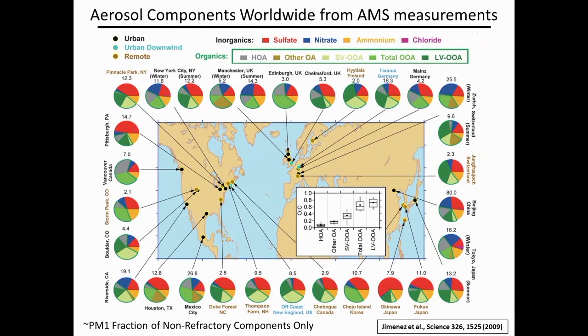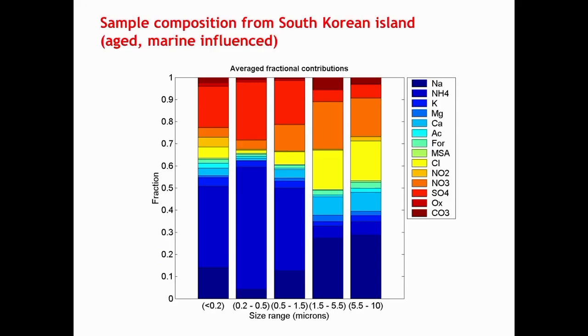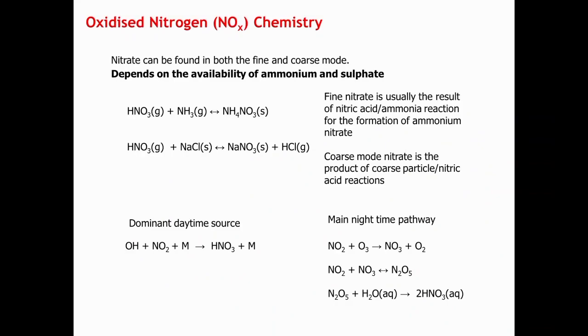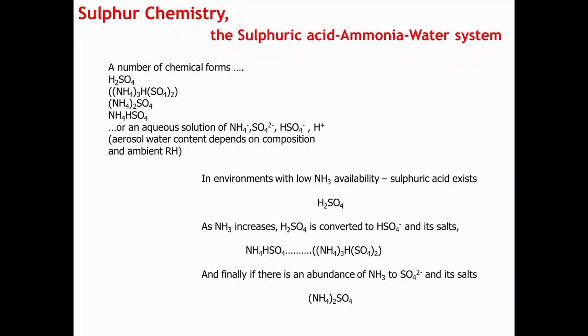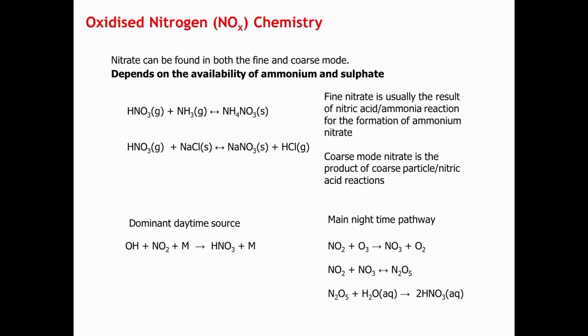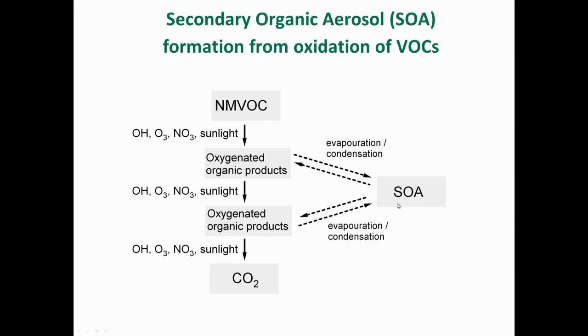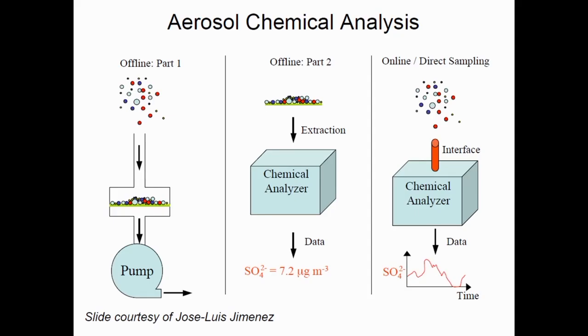But what we do know is that you can have secondary inorganic components, sulfur and nitrogen, which can form secondary salts, along with some primary inorganic components there, sodium chloride. That you have some secondary organic components.